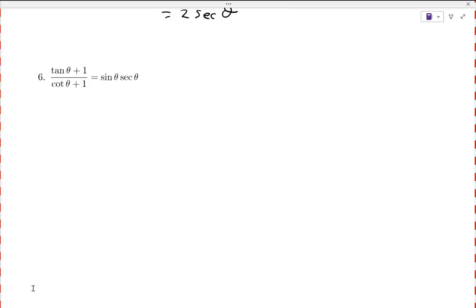So since I know that really I'm just trying to get to tangent, one of your first thoughts might be to change everything to sines and cosines. That's certainly legitimate, right? But I wouldn't change everything to sines and cosines to start with. I would instead use a reciprocal identity. This is not the only way to go about this, by the way.